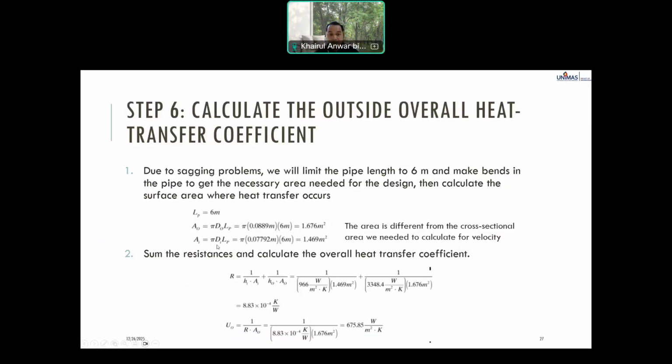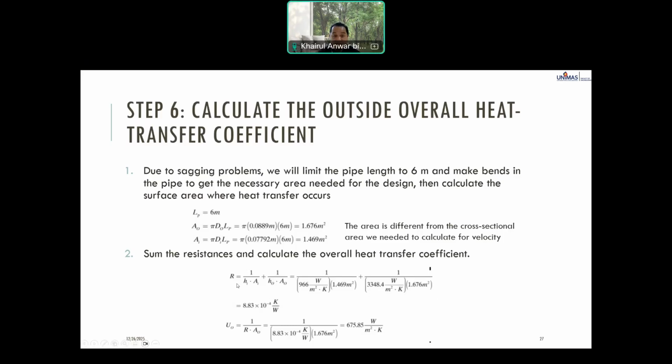AI equals pi DI LP. So DI here refers to the inside diameter of the small pipe inside, the pipe that carries the ethanol.